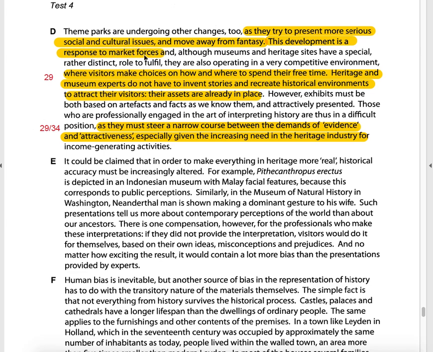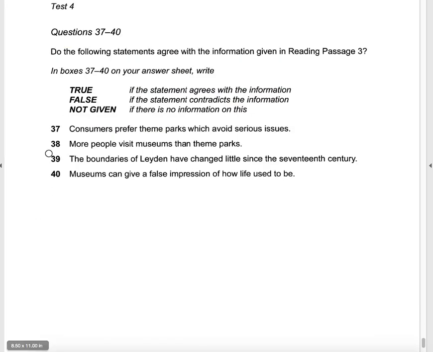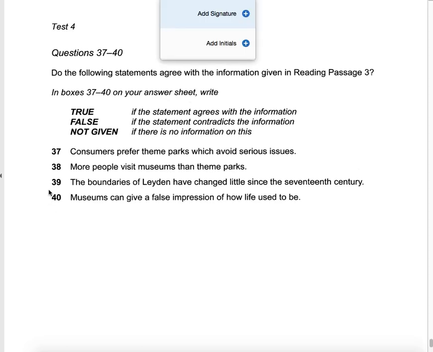Market forces. People want this. What do people want? So, looks like 37. No, they want serious issues. So 37 has to be false.